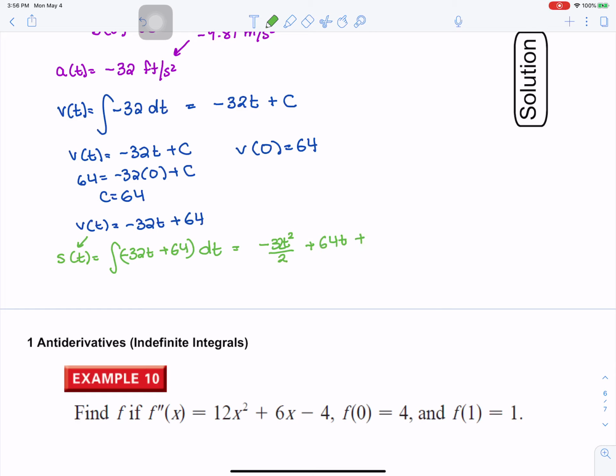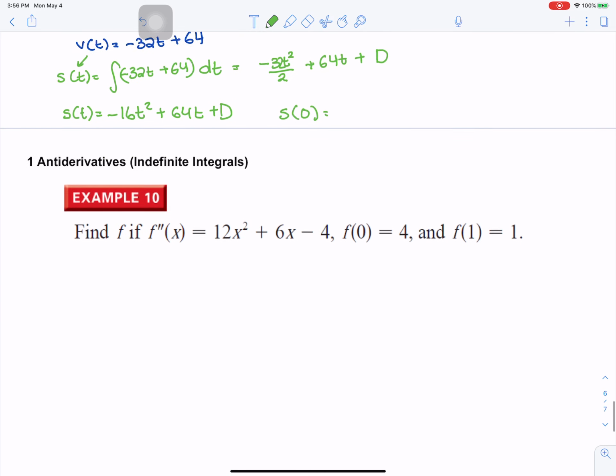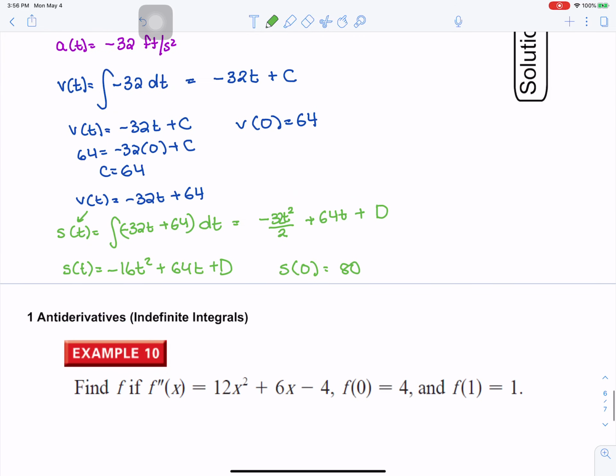But now, because I've integrated, I need to add another constant of integration that's different. So I'm going to call it d. So s of t is equal to minus 16t squared plus 64t plus d. And they give me an initial condition. The initial position is 80. So now I just sub that in to solve for d.